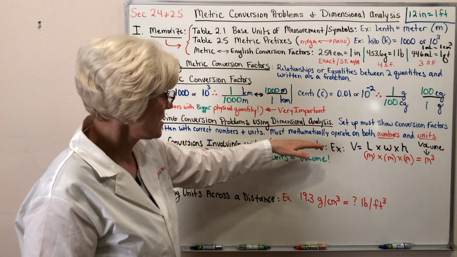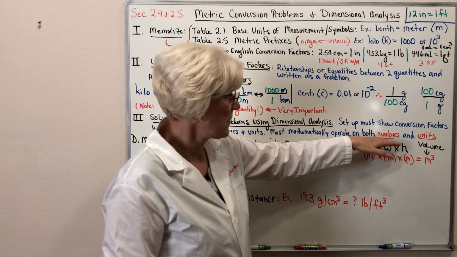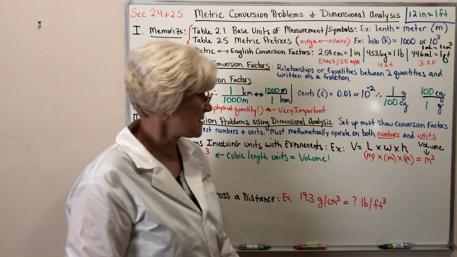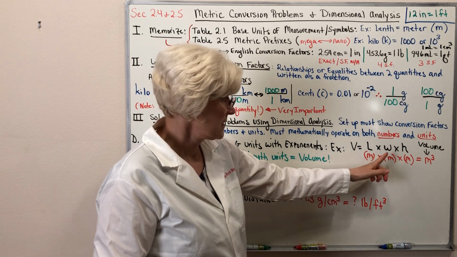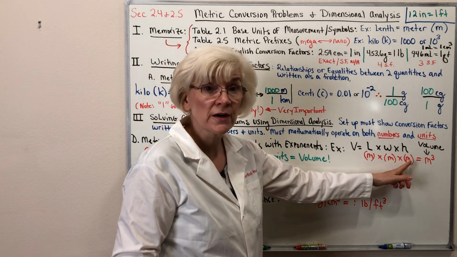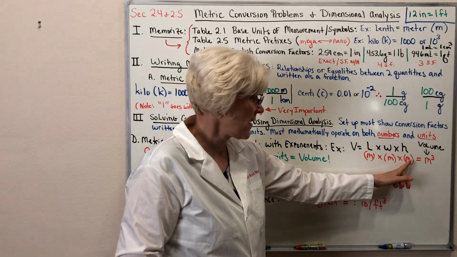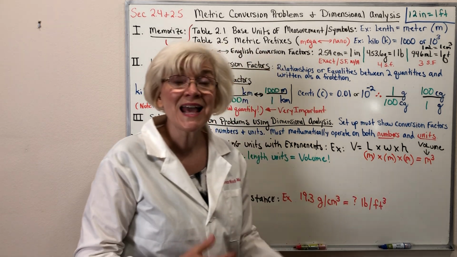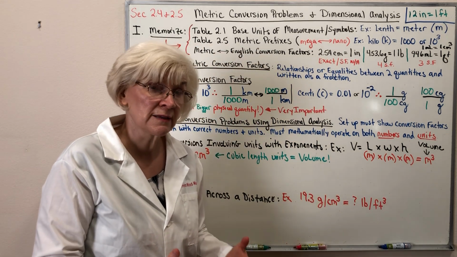Dimensional analysis says that we have to mathematically operate on both numbers and their units. So meter times meter times meter, operating on the unit, would give us a cubic meter or cubic length.